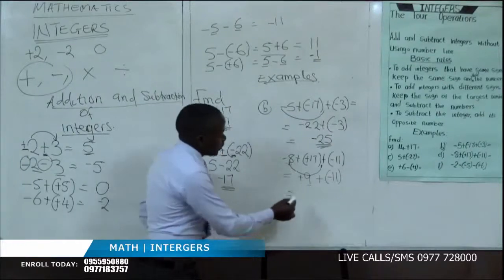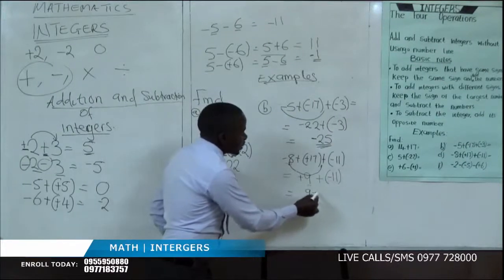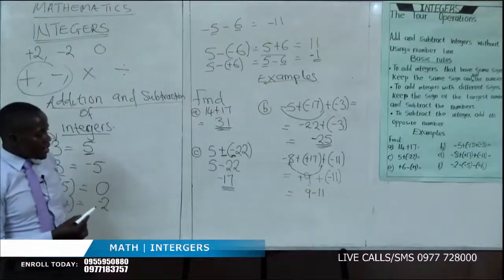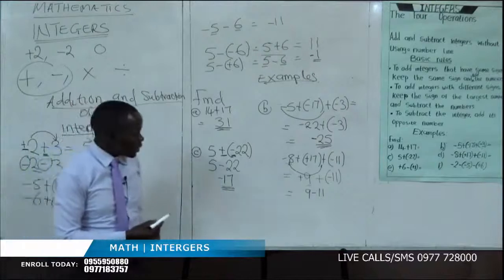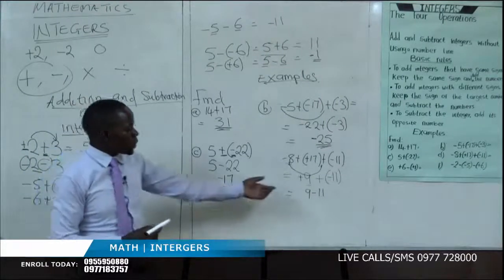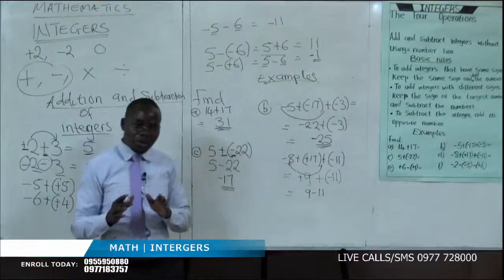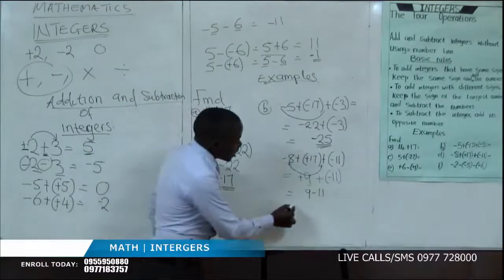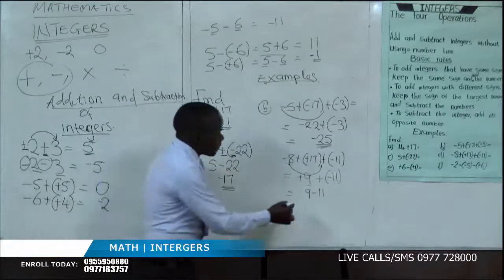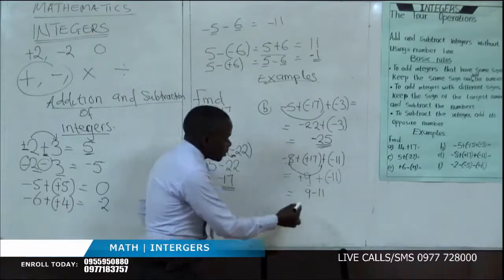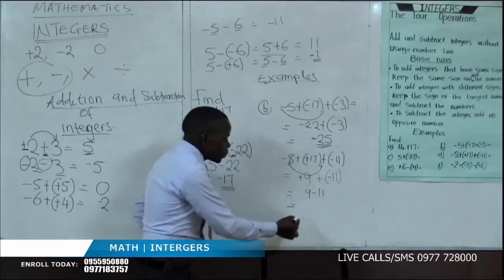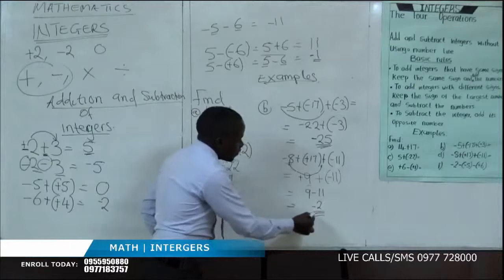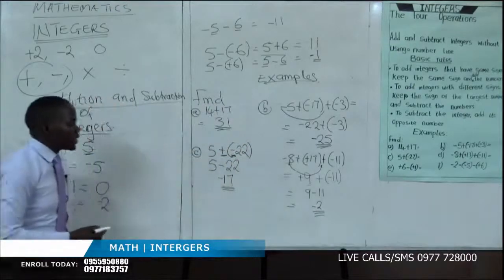So you have got 9 minus 11. When you look at 9 minus 11, what are you going to do there? You have got positive and negative, meaning that you are going to subtract and carry the sign of the bigger number. So when you subtract there, 9 minus 11, you are going to get negative 2. So this one is your answer.